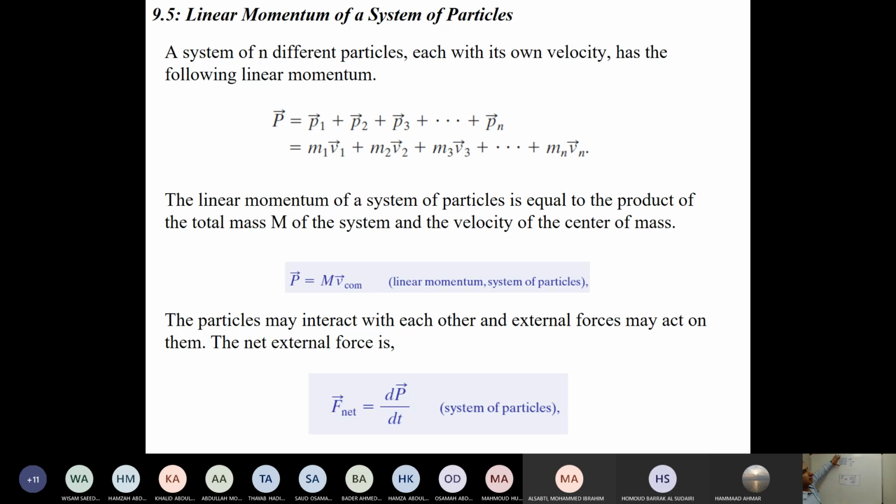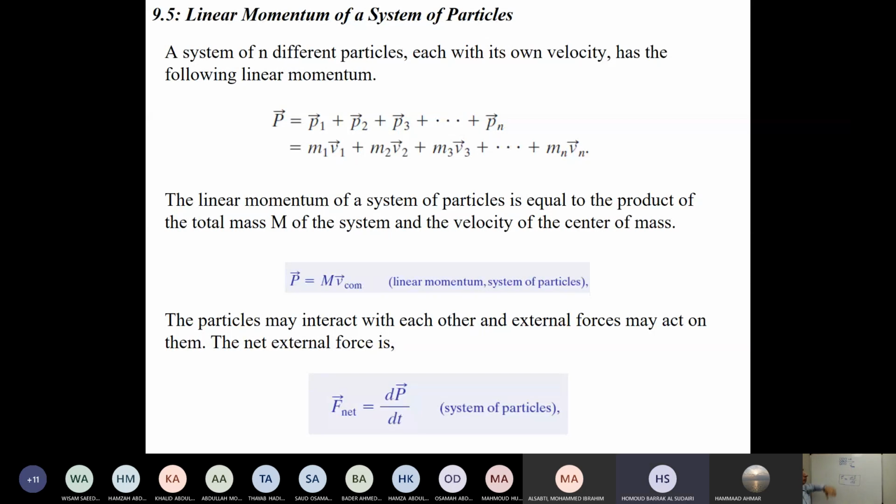Since this is a completely packed mass, the center of mass is going to be kind of the geometrical center of that. The velocity at which it is going, what will be the name of that velocity? Velocity of center of mass. So this velocity is equal to the velocity of the center of mass.